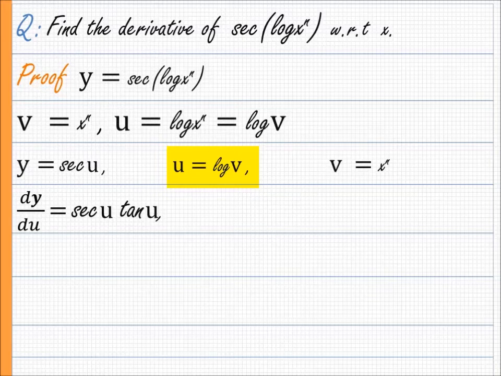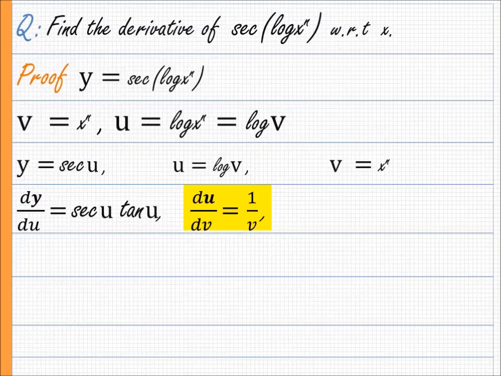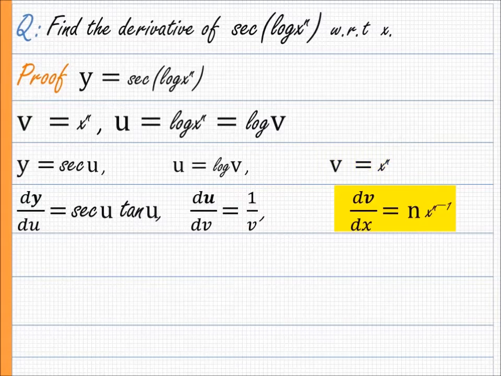So here du upon dv is equal to 1 upon v. And in the third function, v is equal to x raised to the power n. So that means dv upon dx is equal to n into x raised to the power n minus 1.